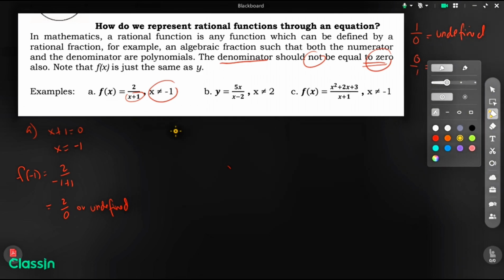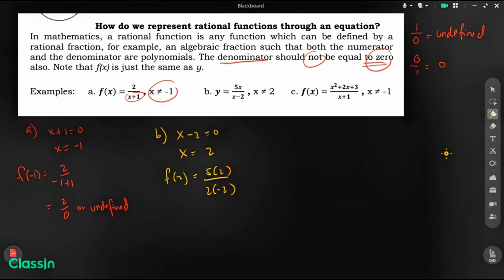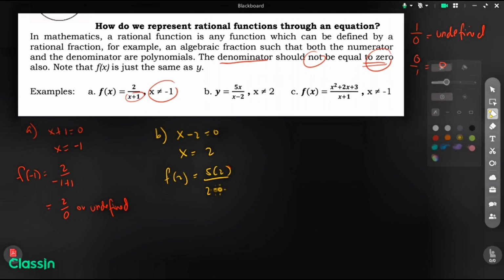Now let's move on to letter B. For letter B, our denominator is x minus 2, and let's equate it to 0. So the value of x will be +2. In this case, x must not be equal to 2. Let's check. F of 2 is 5 times 2 all over 2 minus 2.